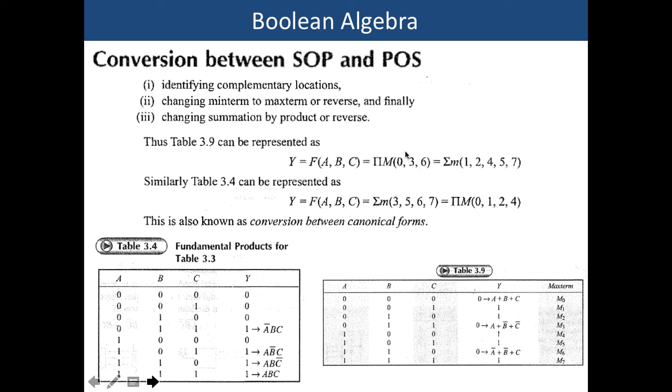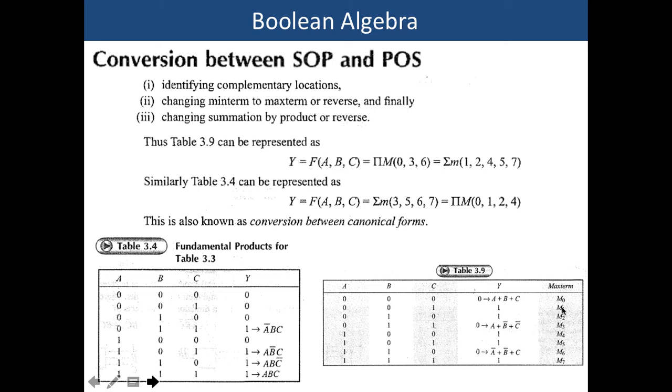So what are the remaining locations? If we convert into the sum of the product, sigma M 1, 2, 4, 5, 7. So this is table 3.9, right?